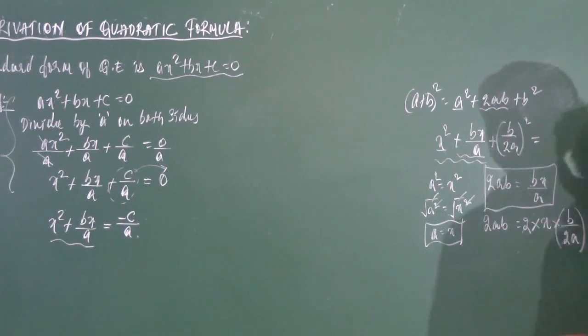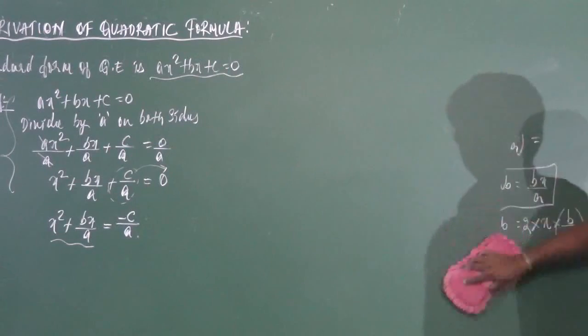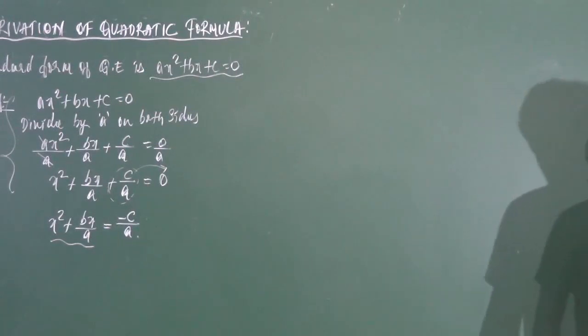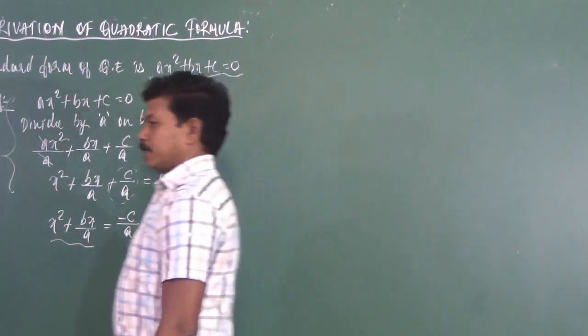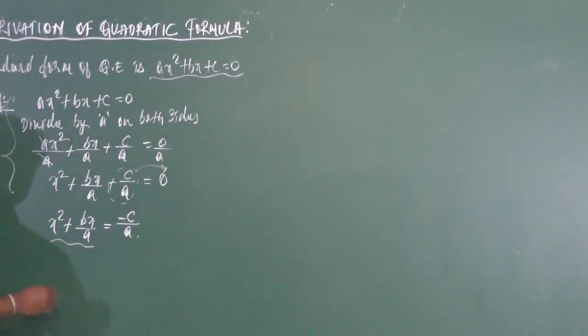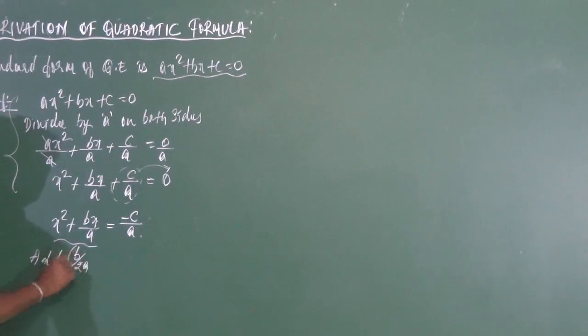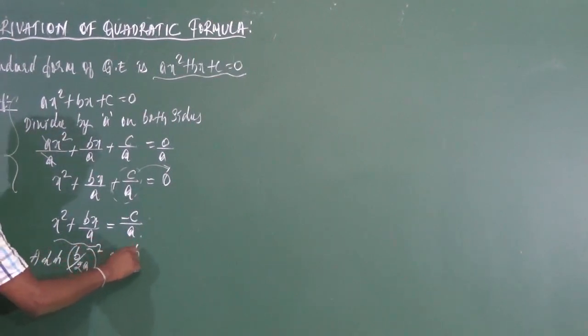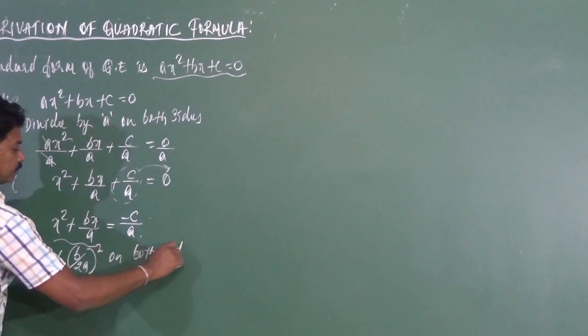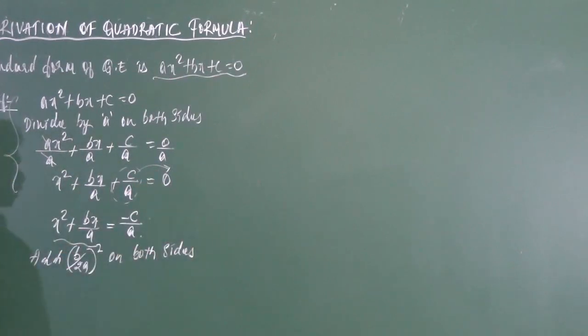Right? So I will take out this. Okay. So what should be added to LHS and RHS to make it a perfect square? Add (b by 2a) whole square on both sides.